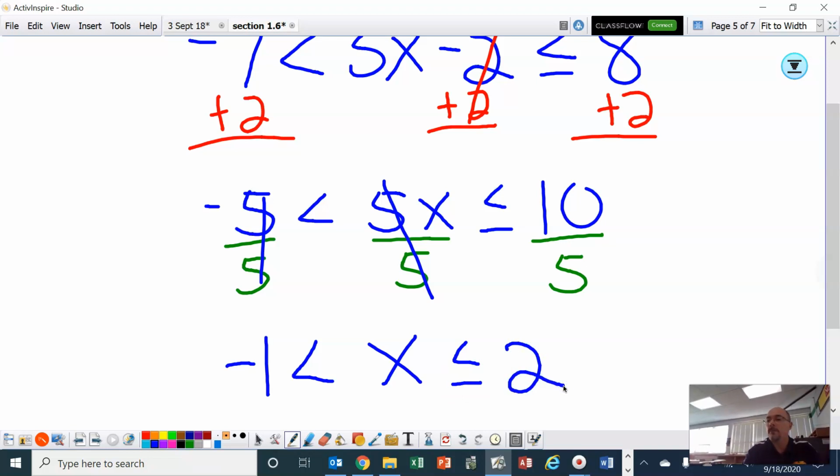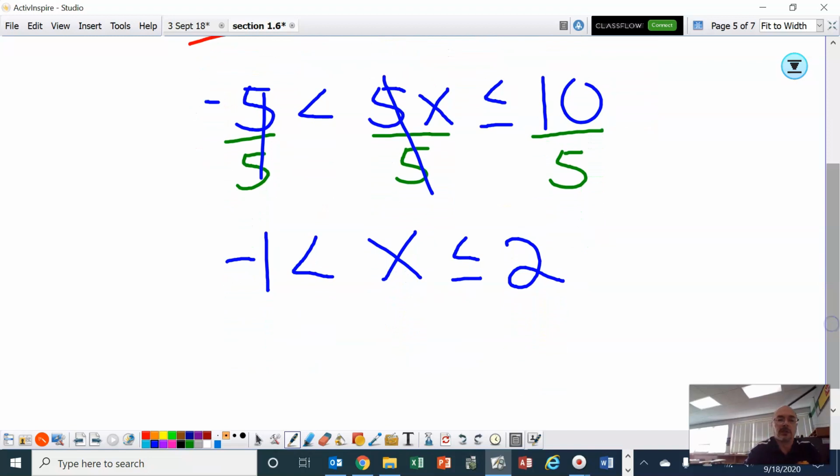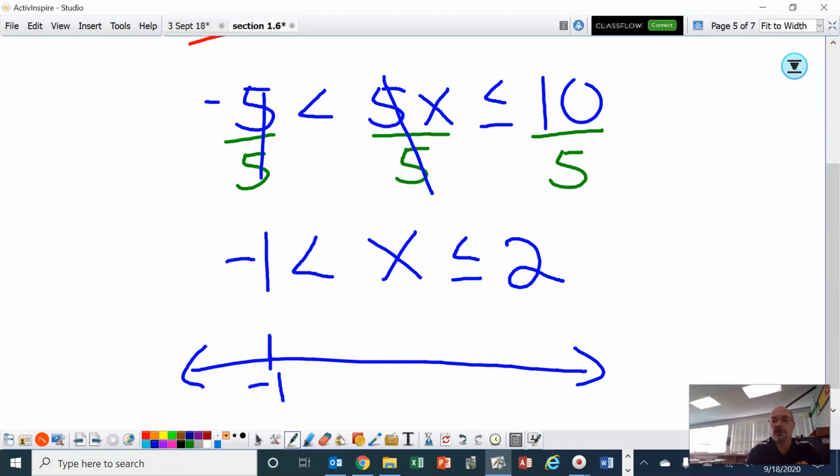All right, so when I make this number line, ladies and gentlemen, I'm going to go ahead and put my -1 here, and I'm going to count up to 2. So -1, 0, 1, 2. Now, on the -1, it's an open dot, because that is not part of the solution.